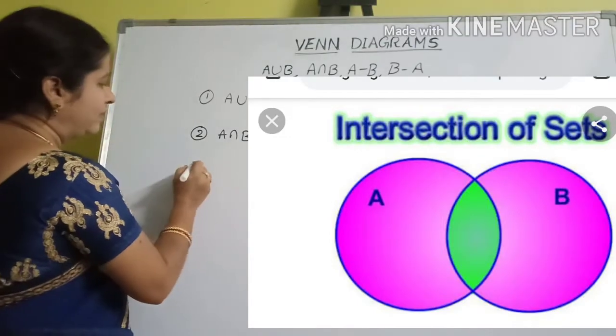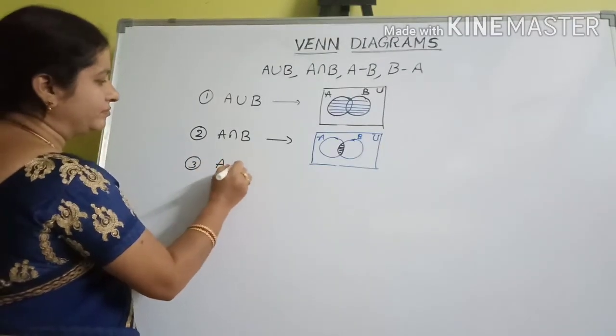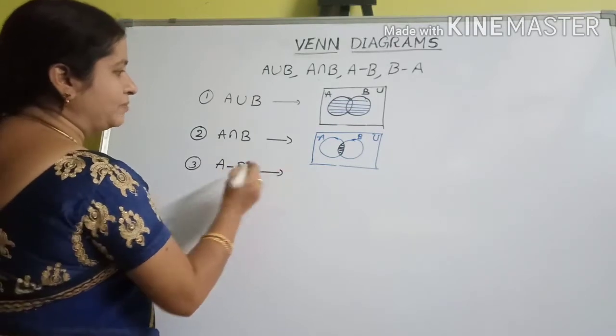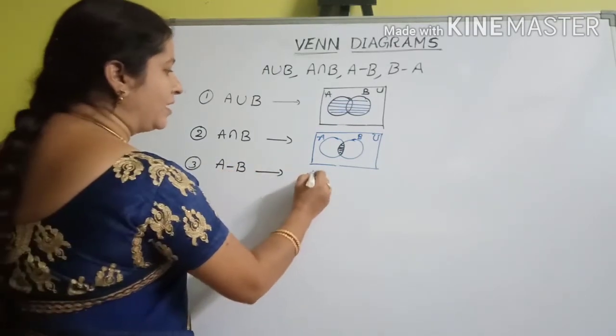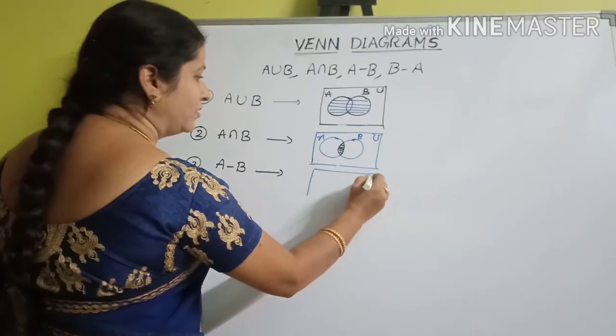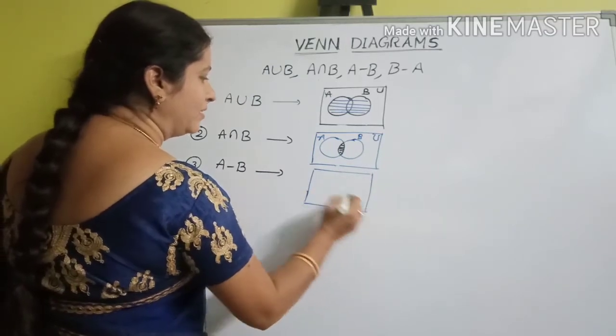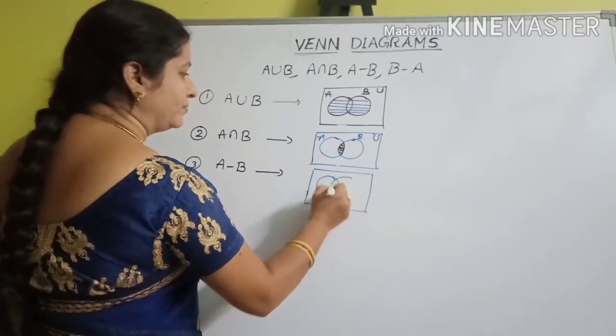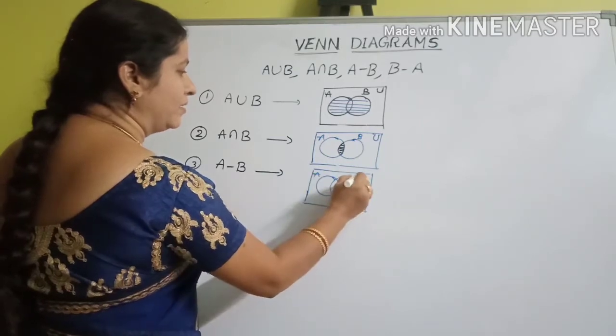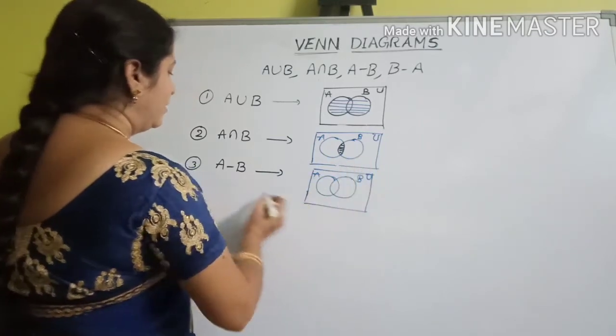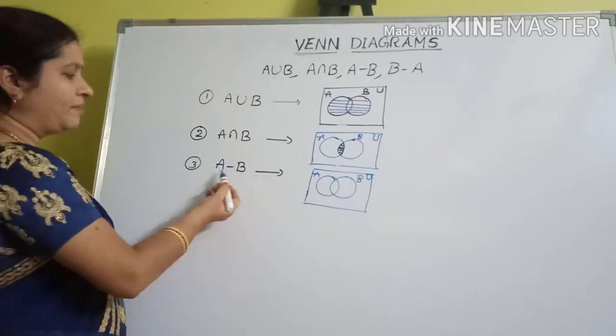Third one is A minus B. Here also you are taking the same, A comma B, mu. So A minus B, what is the definition of A minus B?